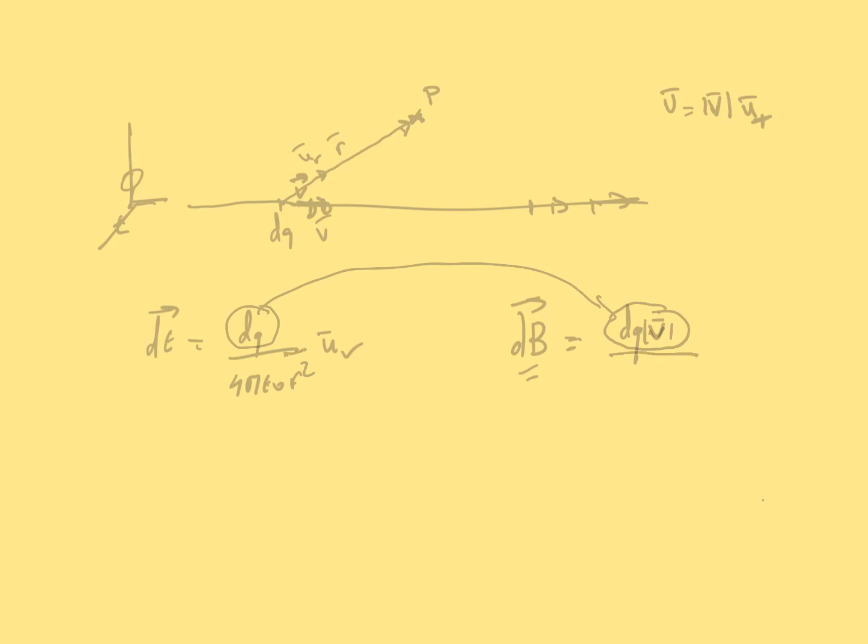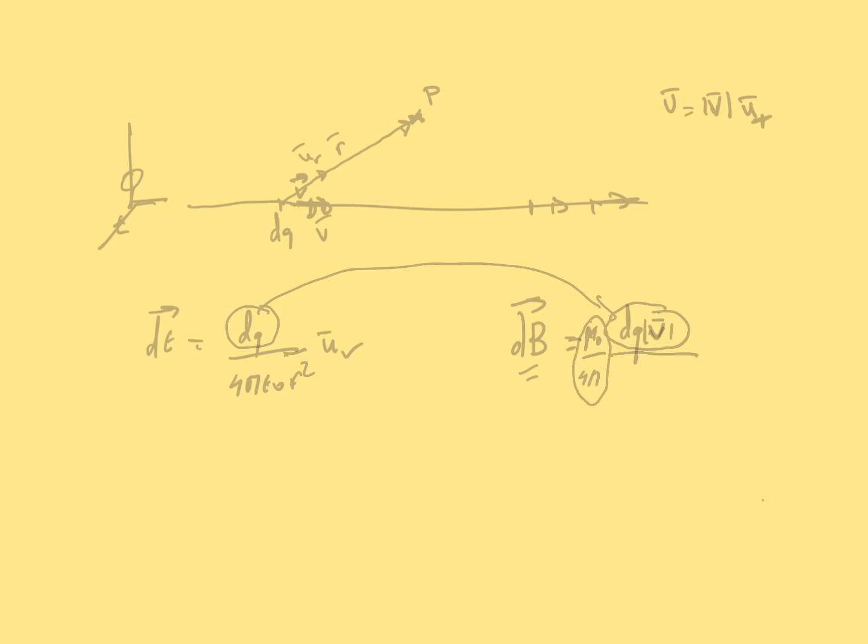The constant in the magnetic field is called, instead of 1 over 4 pi epsilon 0, mu sub 0 over 4 pi. It's for some reason that you will see when we study Ampere law. So mu sub 0 over 4 pi. So for the moment, the magnetic field looks in the structure very similar because it has a constant.